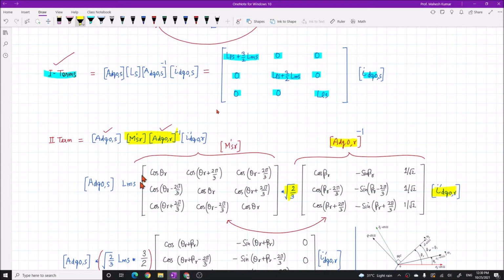What is MSR dash? LMS into cos theta r, plus 2 pi by 3, minus 2 pi by 3, theta r, and so on. This is the MSR into LMS into ADQ0S that we will take later on.